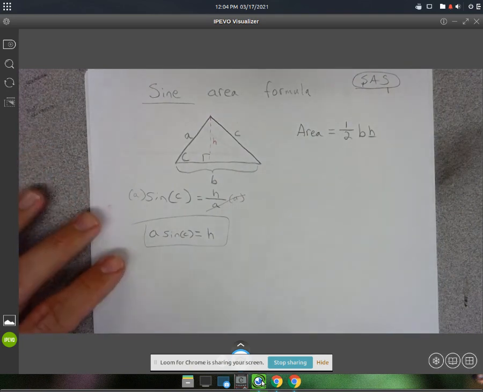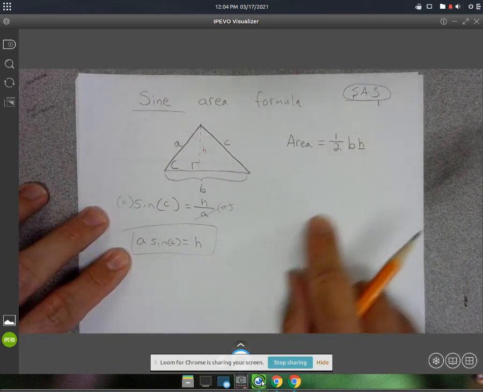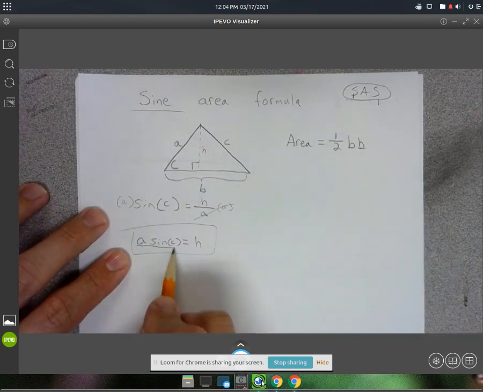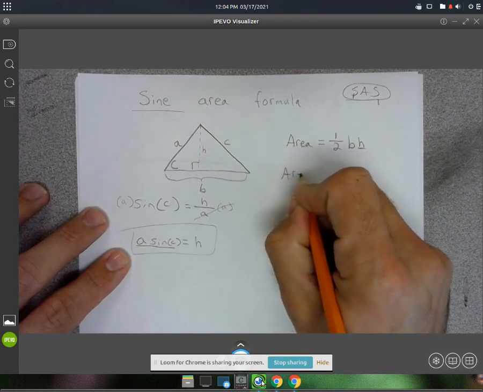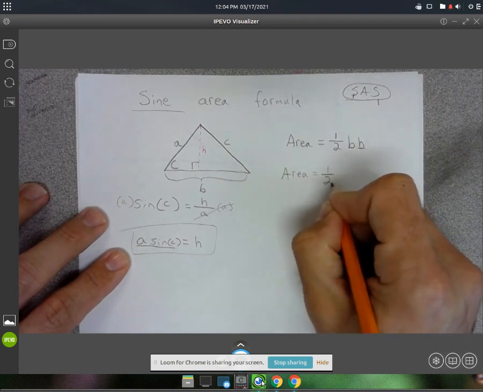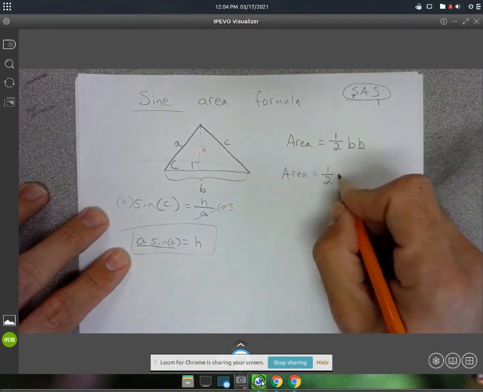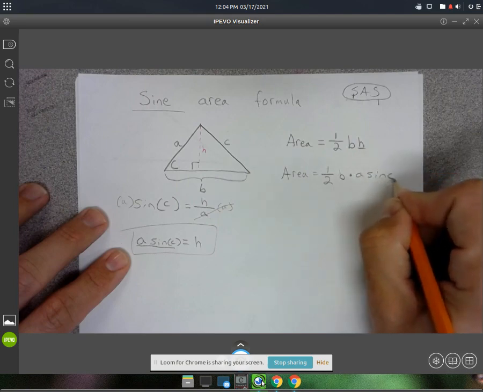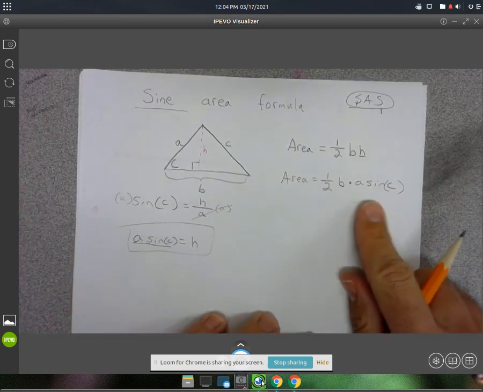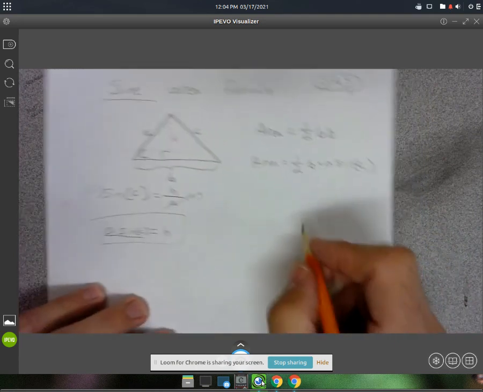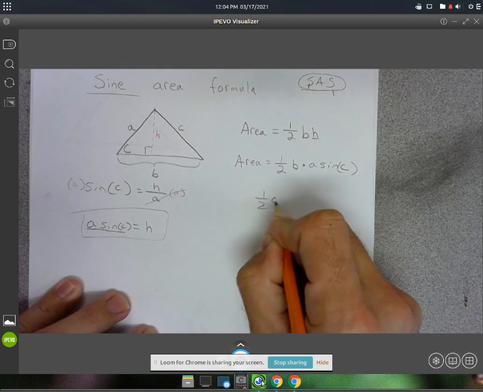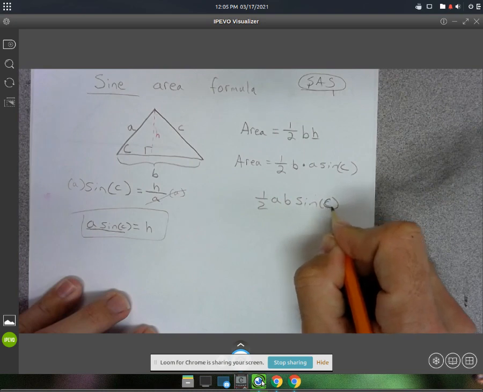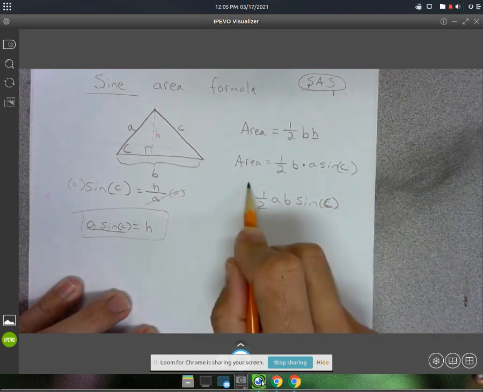Now I can just make a direct substitution over here. Instead of an h, I'm going to put a sine of c. So the area is going to be 1/2 b times a sine of c. Normally they write it where the a goes first, so it's 1/2 ab sine of c, and c is the angle that is in between a and b.